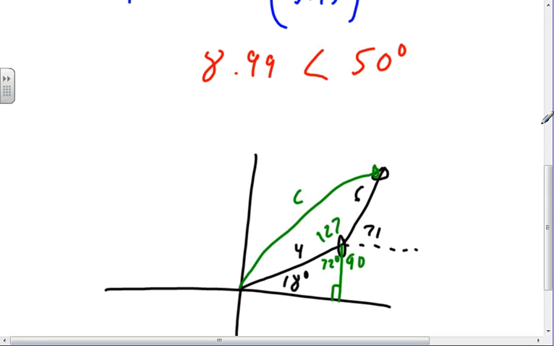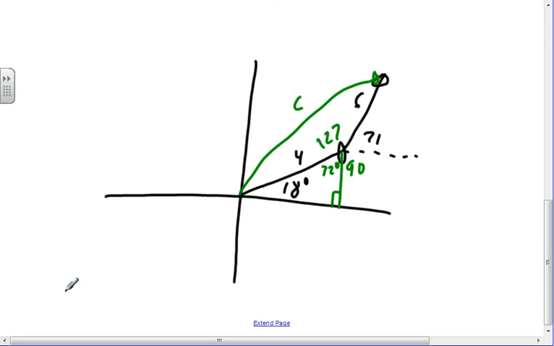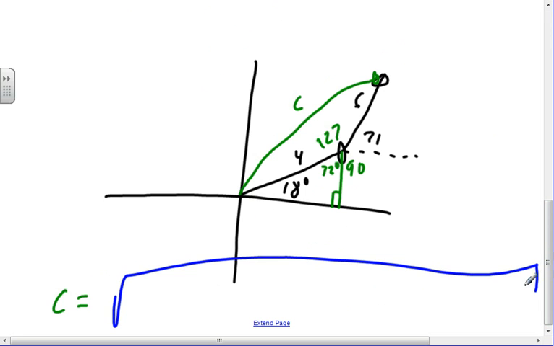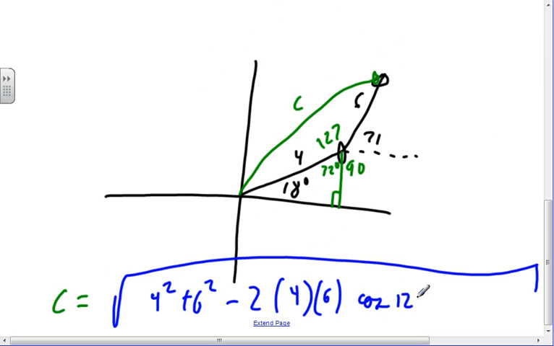So this side, we'll call it C. So C is equal to the square root of 4 squared plus 6 squared minus 2 times 4 times 6 times cosine 127.